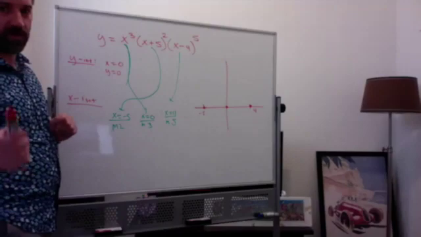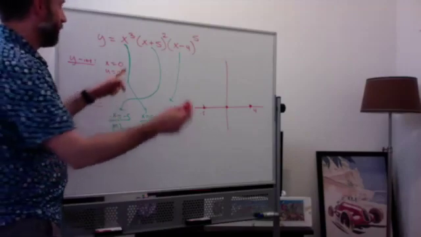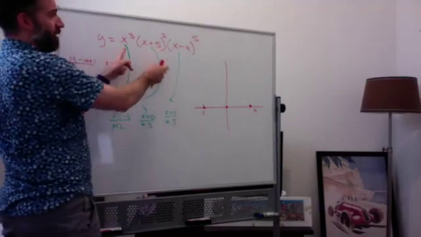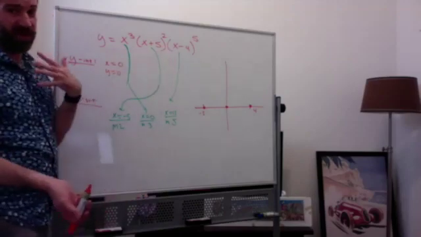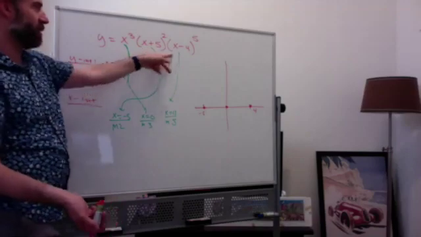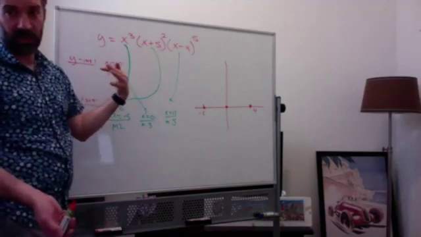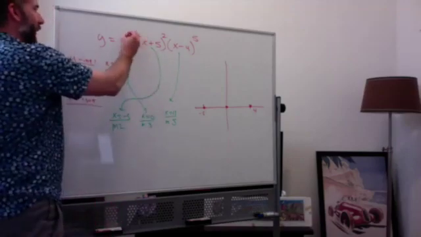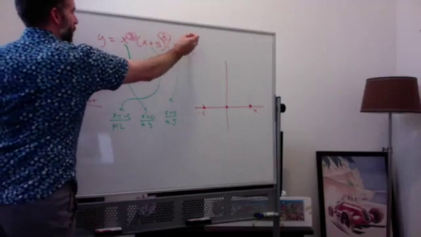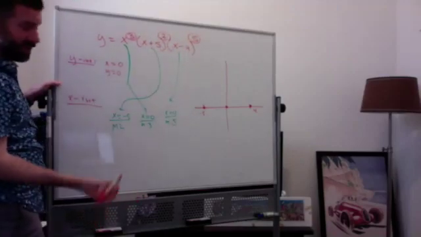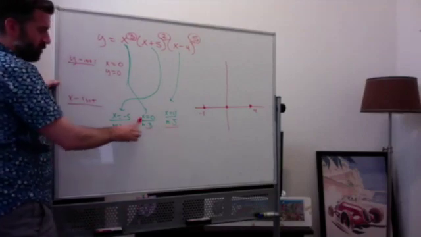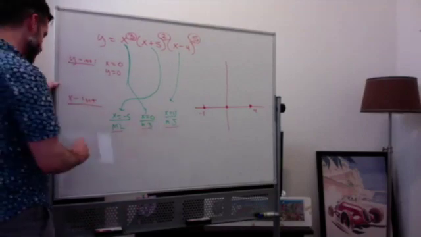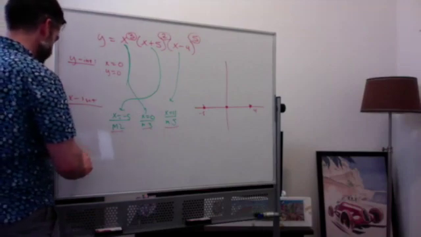Wouldn't quite be 5, although you're on the right track. If I multiply these two parts out, I get 5, but then I also have this part here. So the way you can find the degree, as long as each of the inner things is just x plus or minus something, is by adding these powers, or similarly, adding the multiplicities together. 2 plus 3 plus 5 is 10. So the degree is 10.